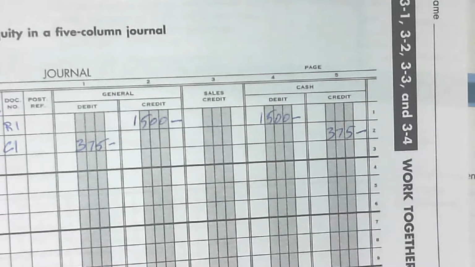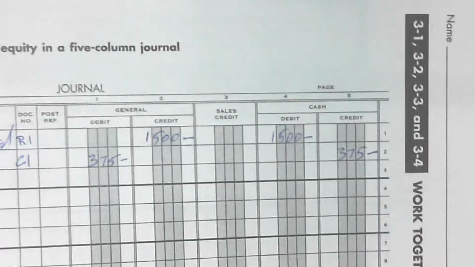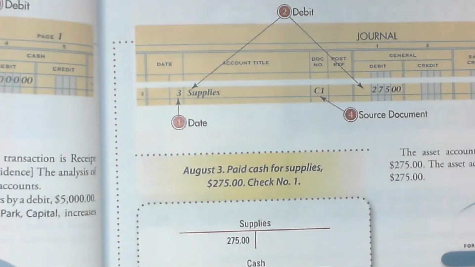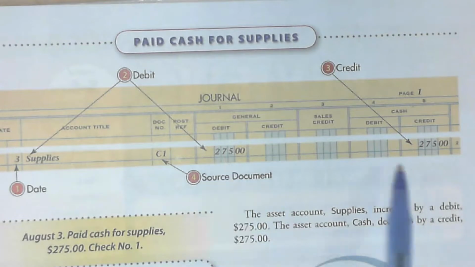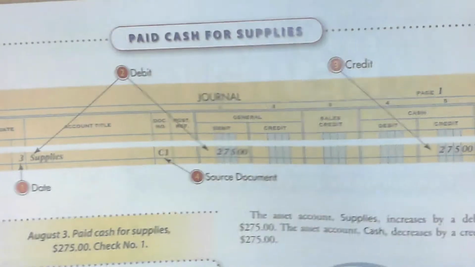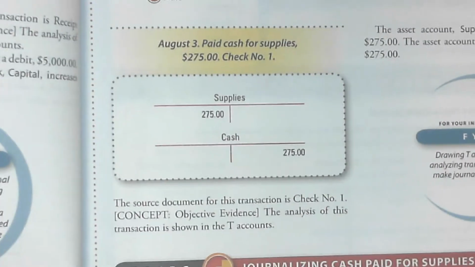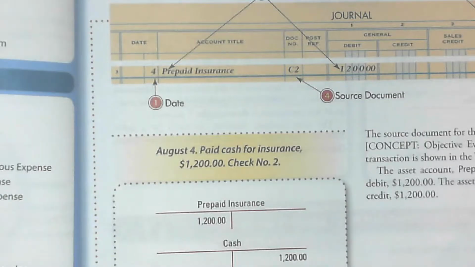Like that. So you can see our example for supplies, debit, and credit. So that takes care of 3-1.